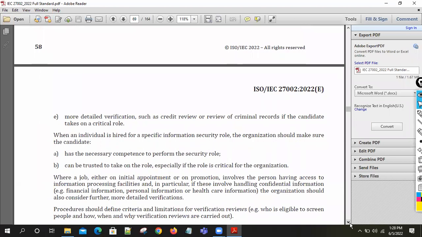More detailed verification: you can go for a credit review also, if some of your employees are going to handle critical information about financial matters. Then in that case you can go for the credit review also.